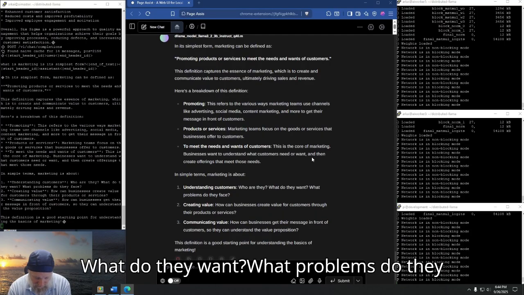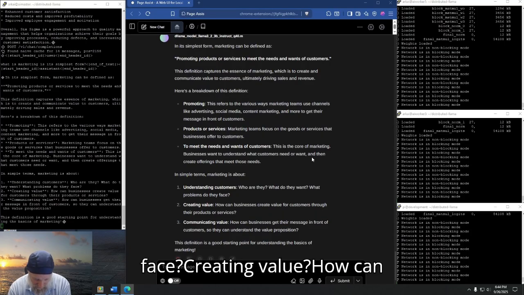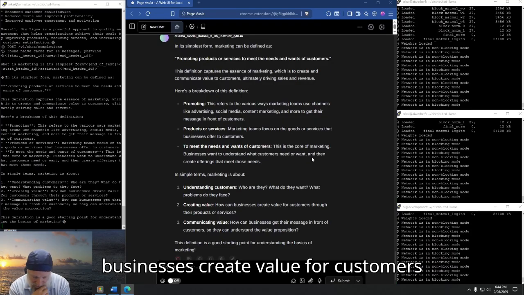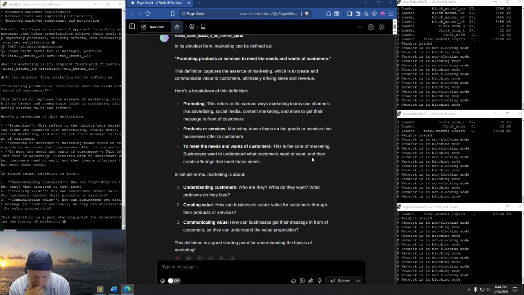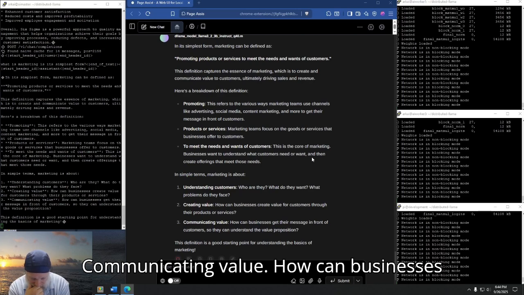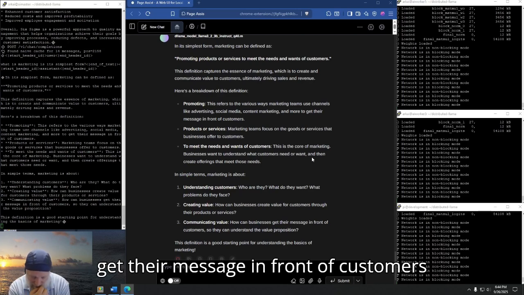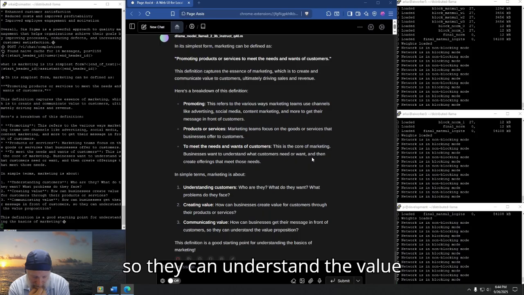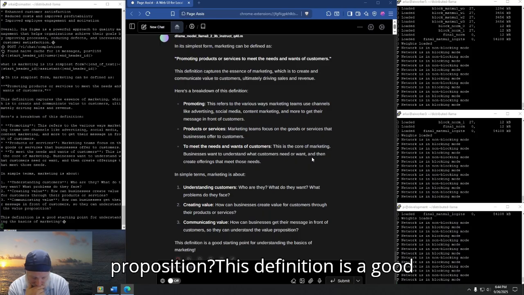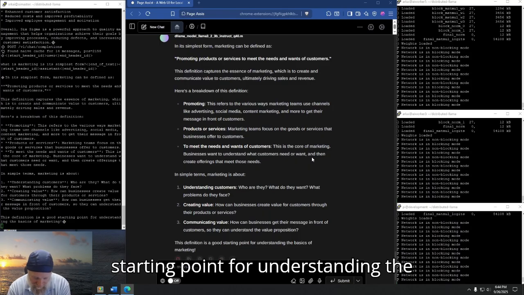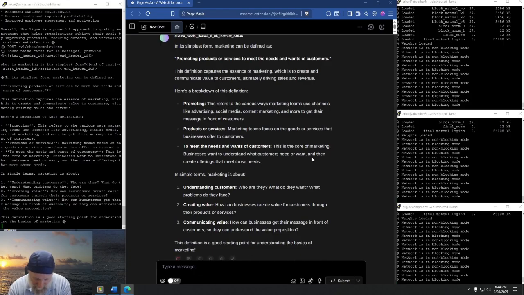What do they want? What problems do they face? Creating value: how can businesses create value for customers through their products or services? Communicating value: how can businesses get their message in front of customers, so they can understand the value proposition? This definition is a good starting point for understanding the basics of marketing.